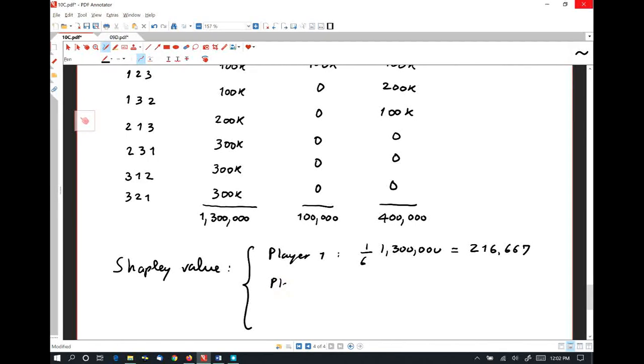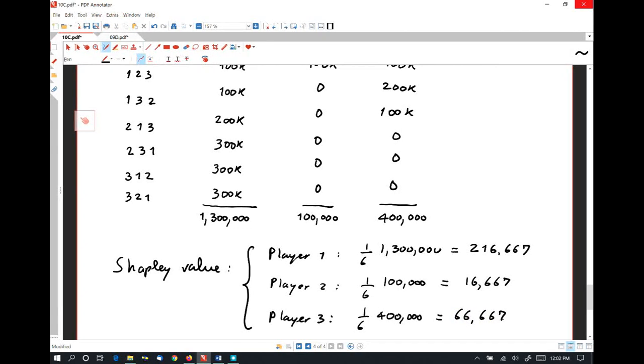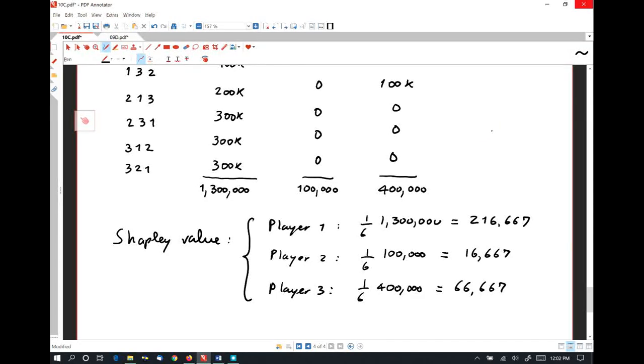For player 2, it is 1/6 of 100,000, which is 16,667, and for player 3 it is 1/6 of 400,000, which is equal to 66,667. So, with some approximation, they add up to a little bit more than 300,000.